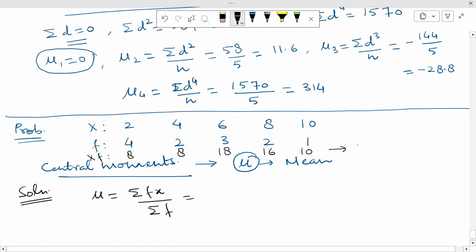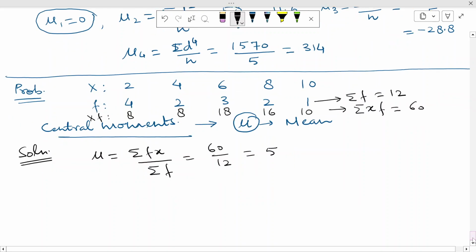This gives us the sum of xf, which is 60, and the other column gives the value of summation f, which is 12. Putting these two values, 60 and 12, you will get the mean as 5.